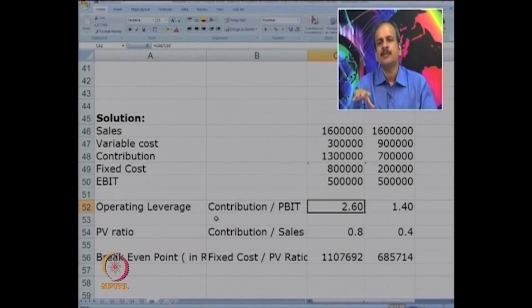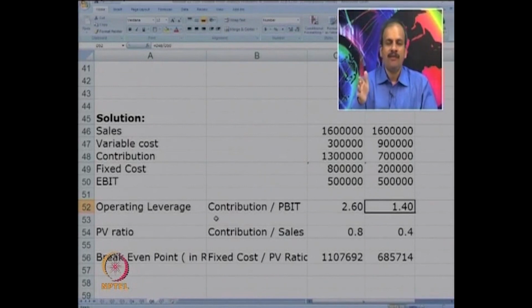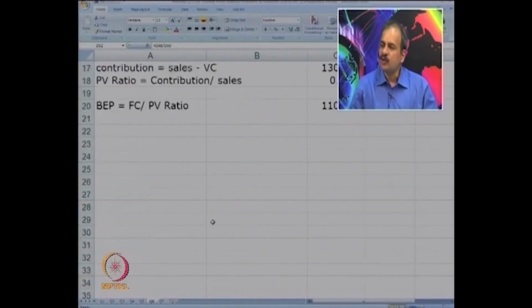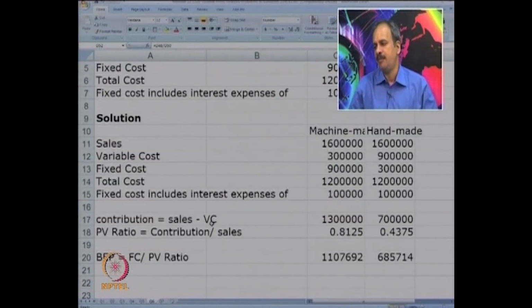It means that for a higher level of activity, machine made system's profitability will increase very fast. Operating leverage is 2.6, whereas in a man made system it will increase only by 1.4. As against this, if the level of activity falls, in the machine made system the profits will also fall very fast. We will just calculate to see whether it really happens.